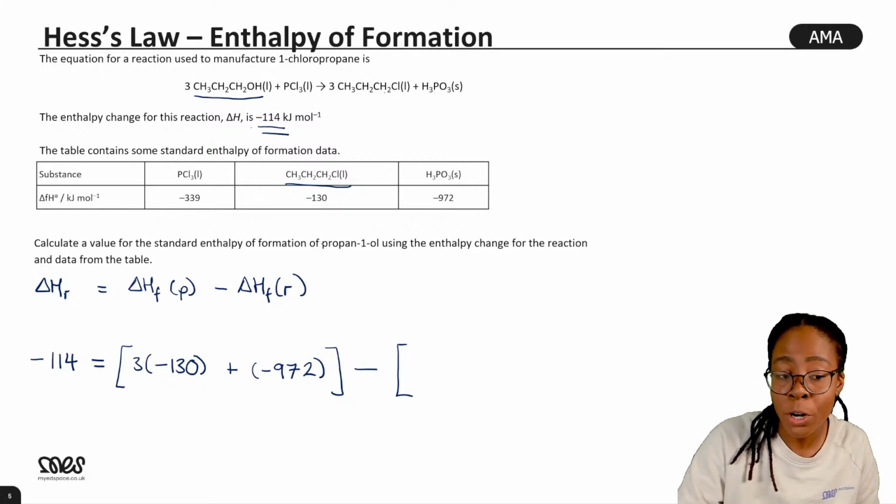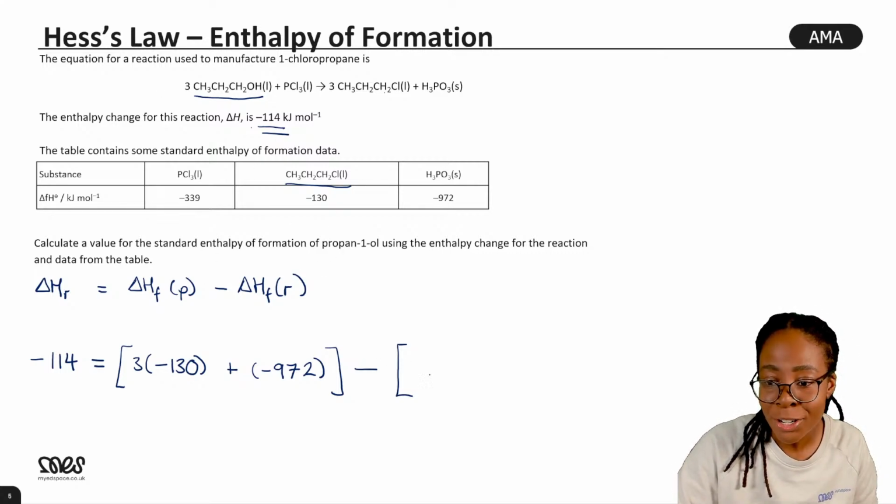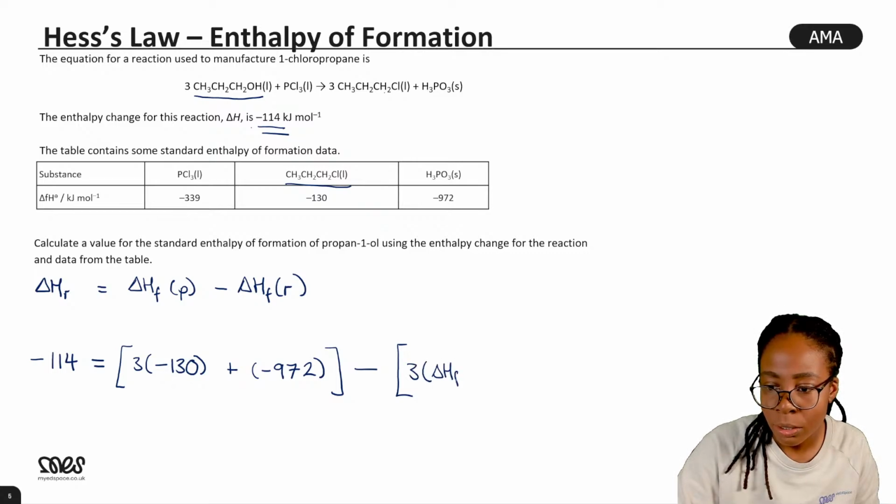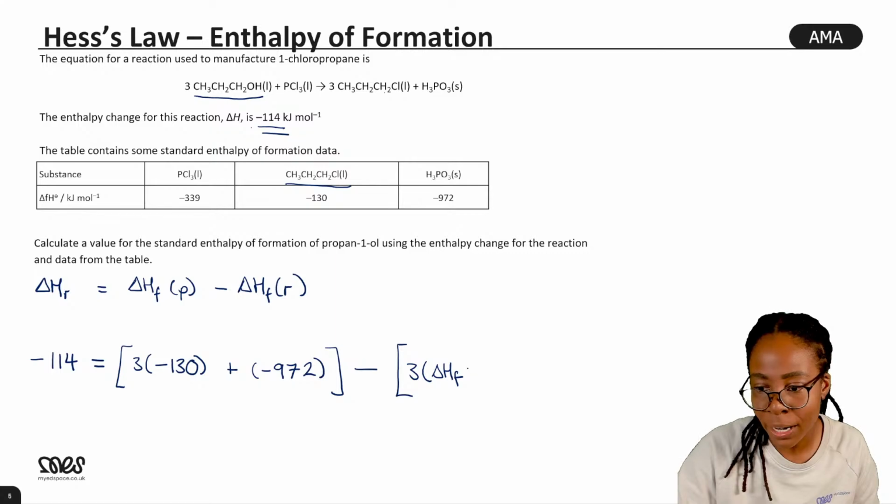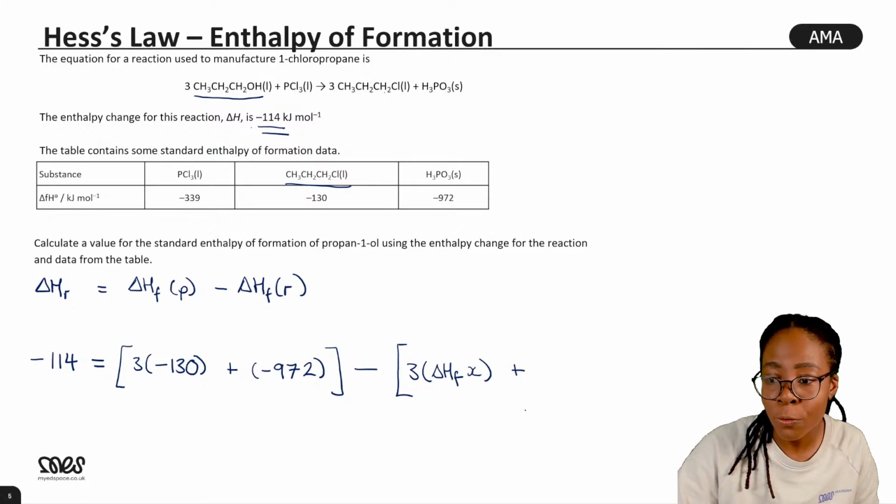We don't have our propan-1-ol yet. That's what we're trying to find out. So we'll just say 3 times our formation of that we're trying to find, X, plus our formation for our PCl3.